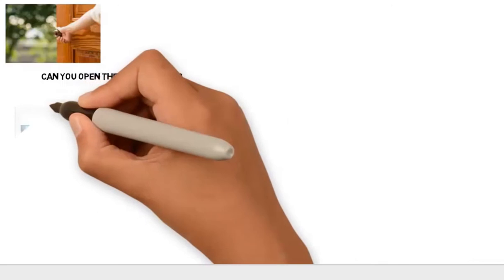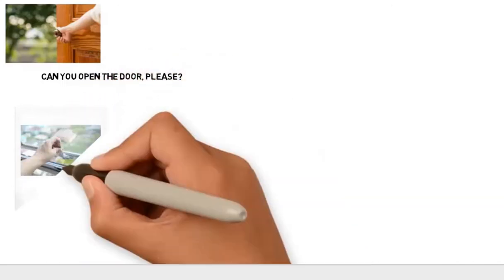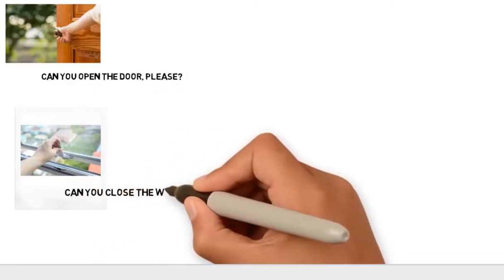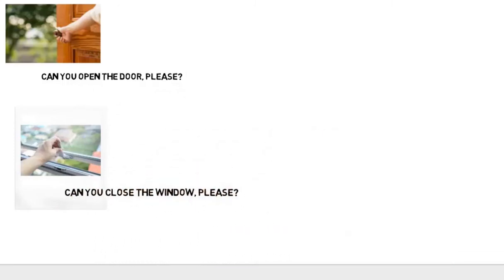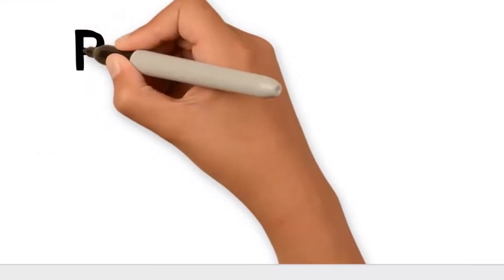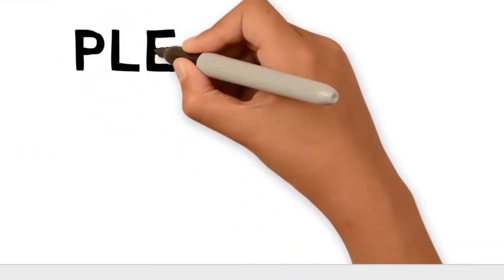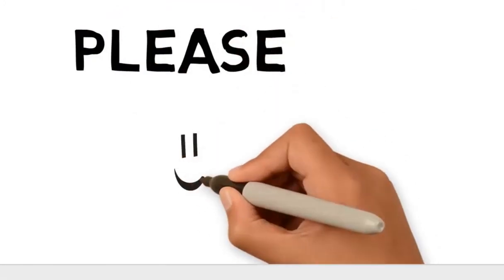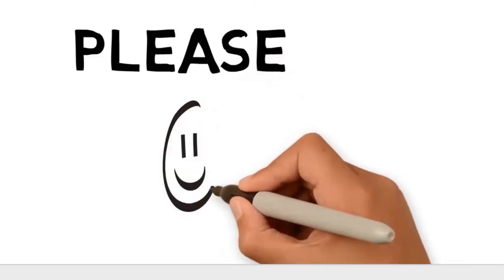On the contrary, if it is too cold, you may ask someone, can you close the window, please? It is too windy. Notice that in both statements, we finish the phrase with the polite word please, because this is a very polite way to ask something.